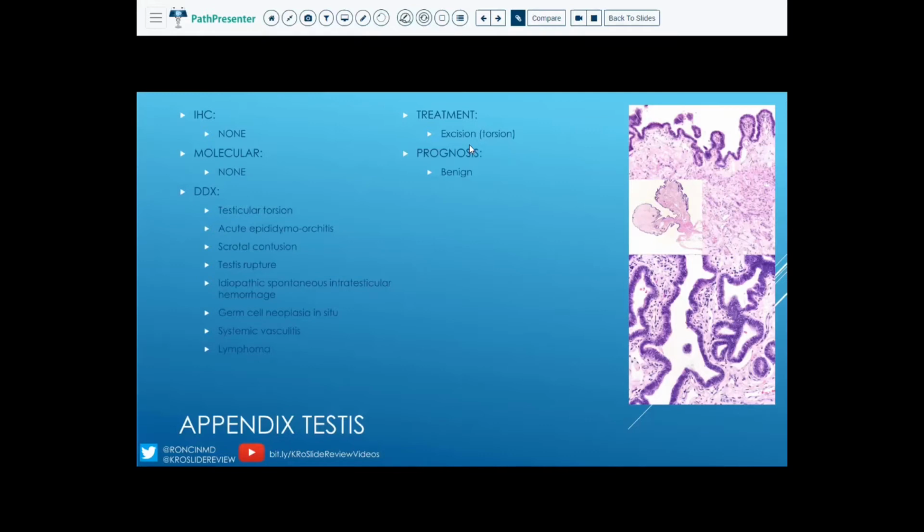Obviously, we don't want patients to be in pain. So if they undergo torsion, we're going to take that out, because first it's going to torse and then it's going to die off, and you wouldn't want necrotic tissue staying in your patient. And these are completely benign. So appendix testis, something that most males will have, but most of them won't have to deal with in their lifetime.